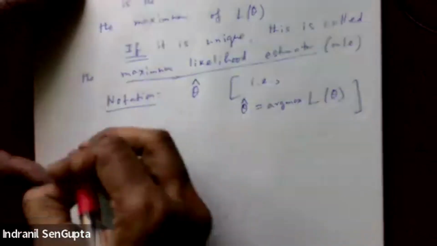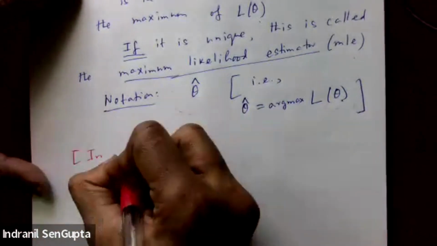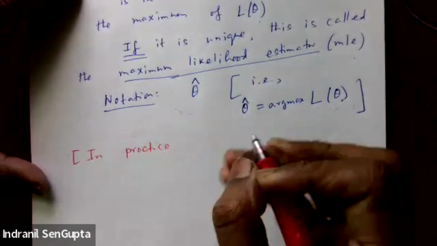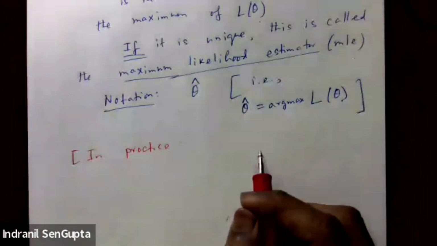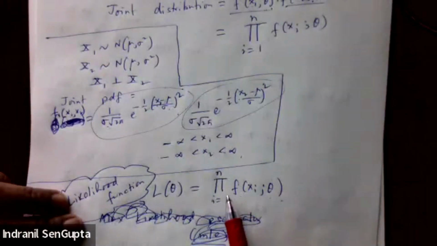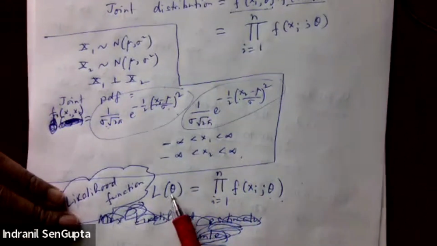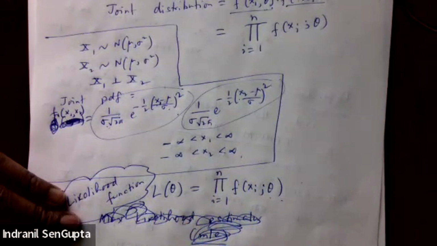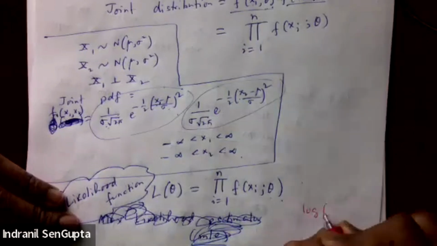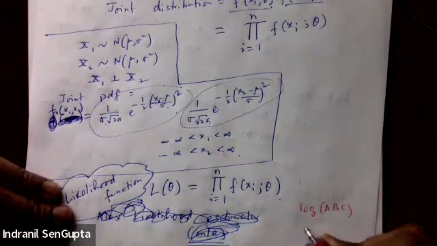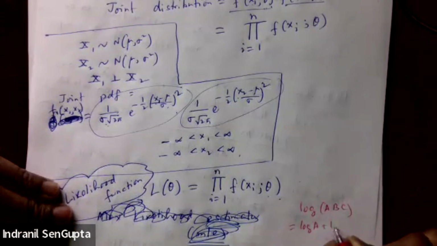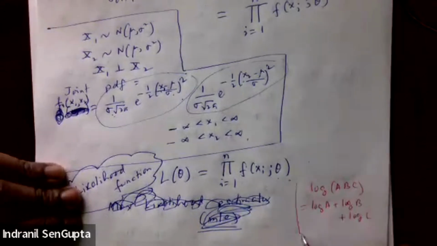In practice, we usually look at the form of this one. It's a gigantic product. If n is 100, it's a product of 100 numbers. We can of course maximize it, but if we take the logarithm, you know that log of A times B times C is simply log of A plus log of B plus log of C. So it becomes addition, which is a little easier to handle compared to multiplication.